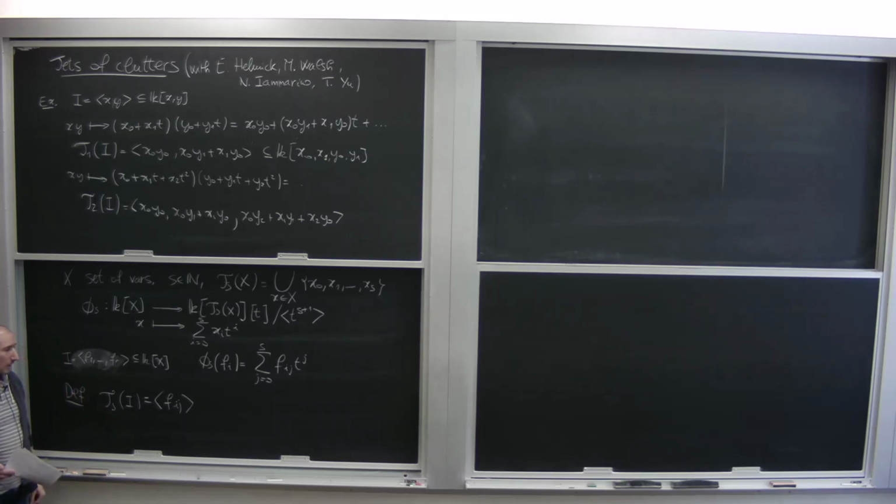But one thing that I think is true is that if you give someone a variety and say, please tell me what the jets of first, second, or third order look like, they wouldn't necessarily know in general, right, given the variety. So there's some progress, for example, on things like determinantal varieties of generic and symmetric matrices.